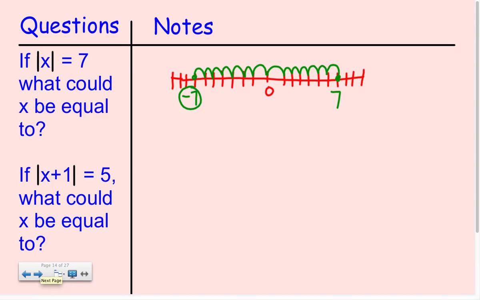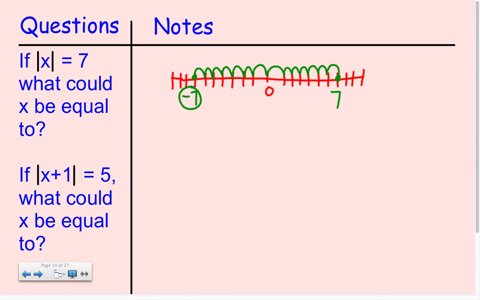Now remember, distance cannot be negative. So we know that there are 2 possibilities, because you can have the negative possibility and in this case a positive possibility. Now that's not always going to be true, but the important part to think about is that there will be 2 solutions, which you'll always see in a second. Because we can always have the negative and then the positive.